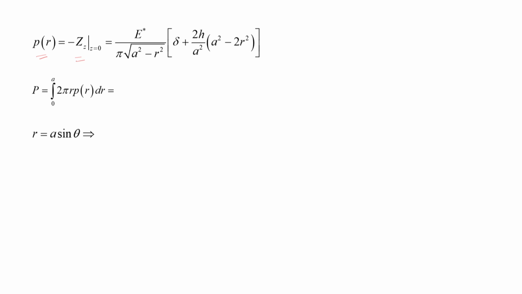We can also estimate what is the total load that is applied. So you have to multiply this P of r by 2 pi r. So it will be 2 pi and integrate between 0 to a, r into P of r.